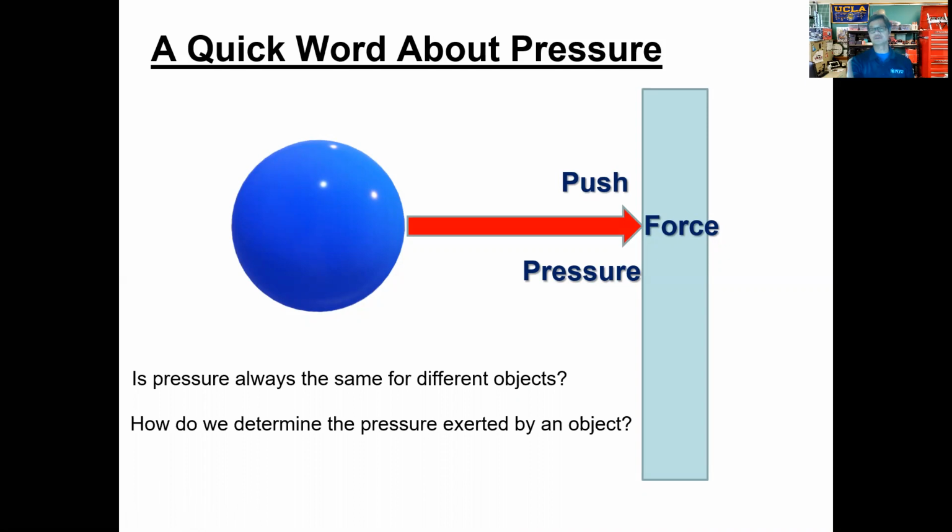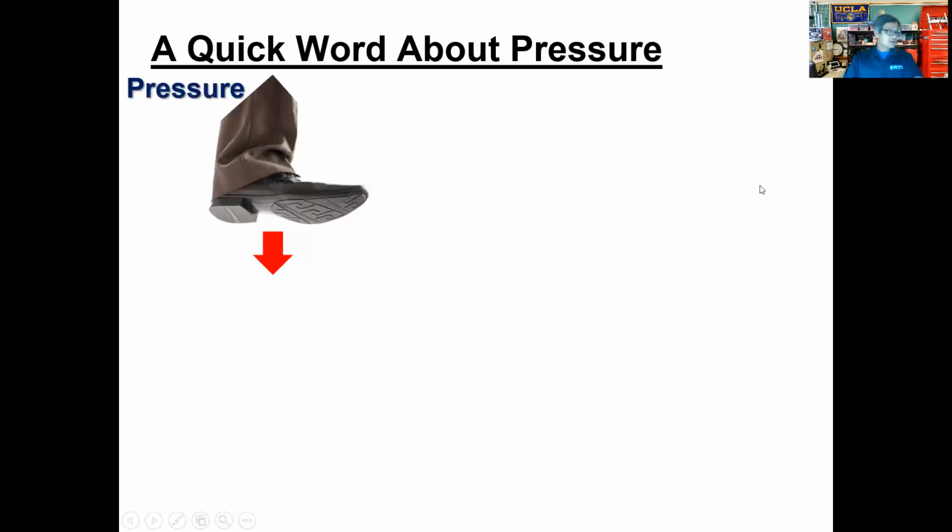We know first of all that pressures are going to be different. Different objects will be exerting different pressures. But can we take advantage of that relationship between force and pressure to determine the pressure exerted by an object? Let's take a look at that really quick. Let me give you an example.